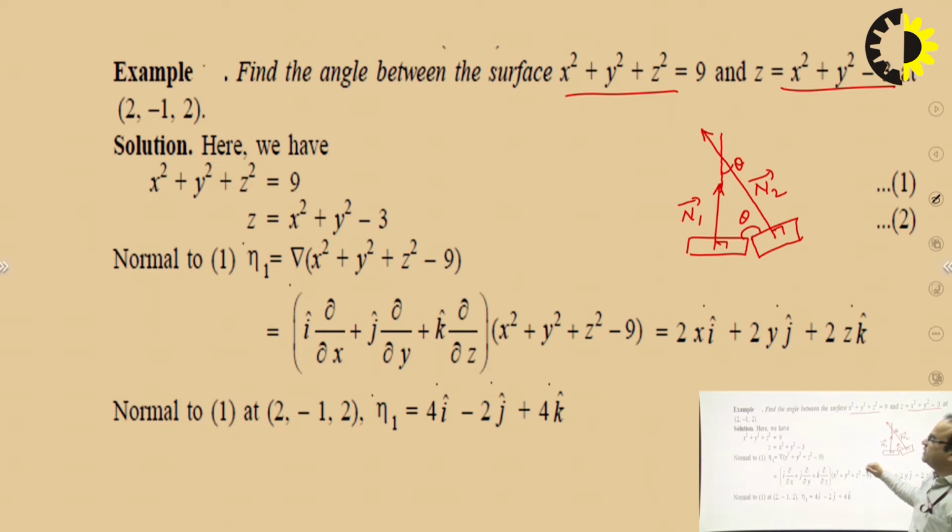Now let us start the solution. Here we have the first surface with equation 1 and the second surface with equation 2. Then the normal to the first surface.